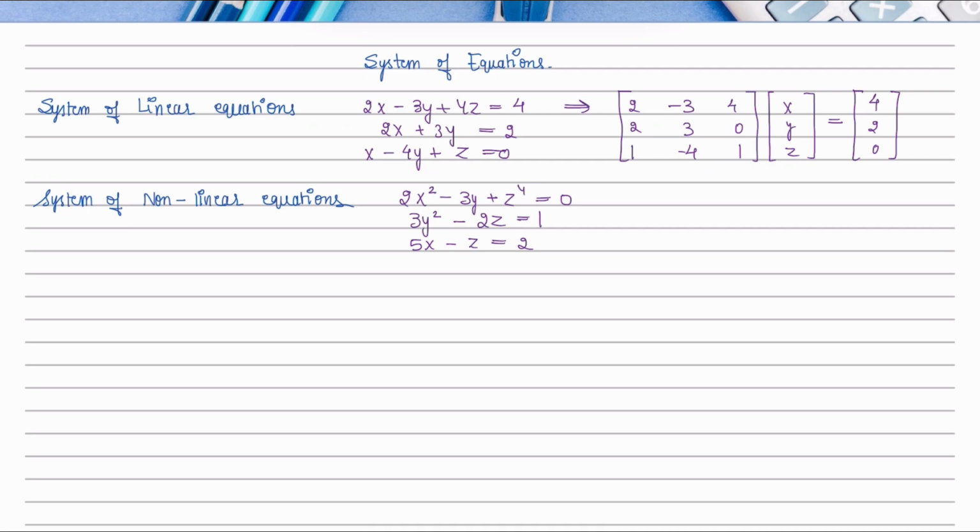Before that, we must know one more concept, which is Jacobian matrix.